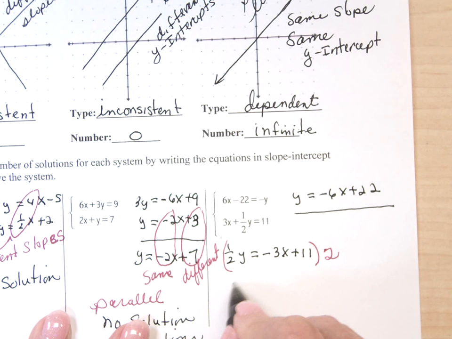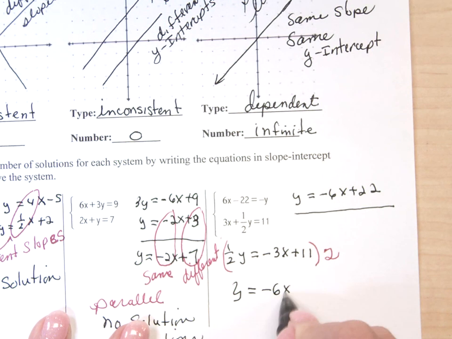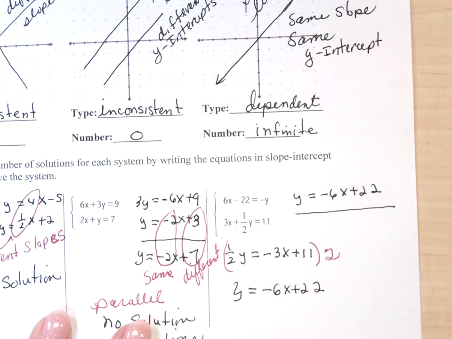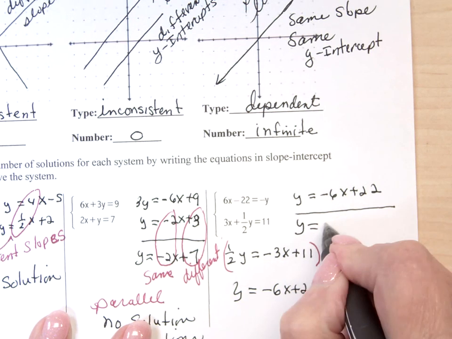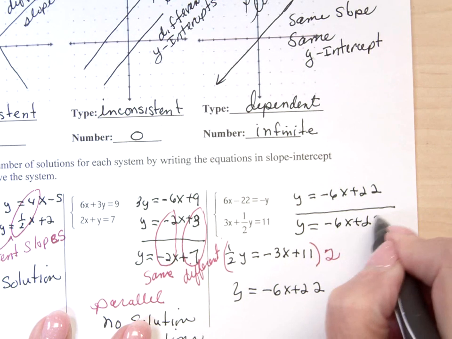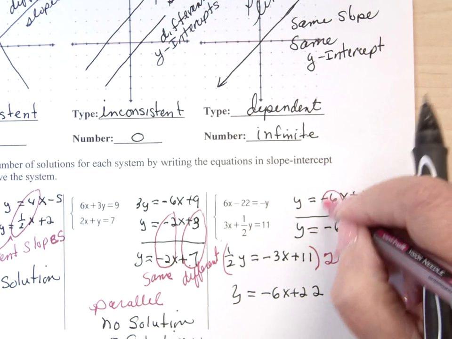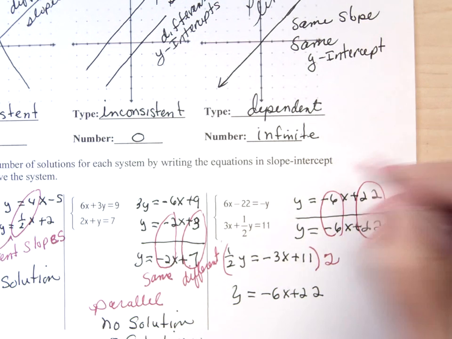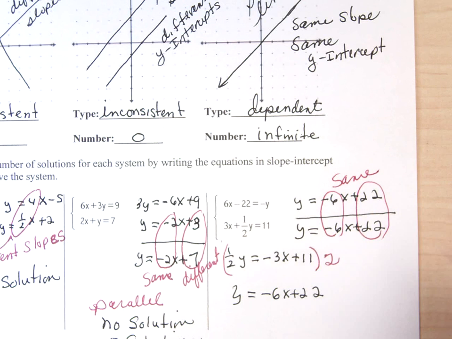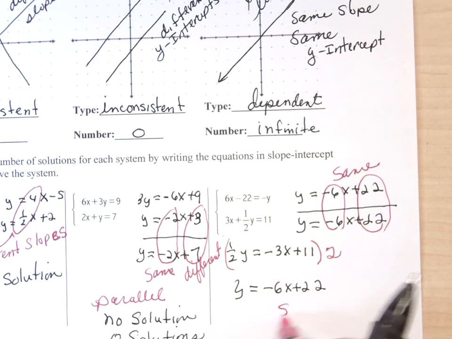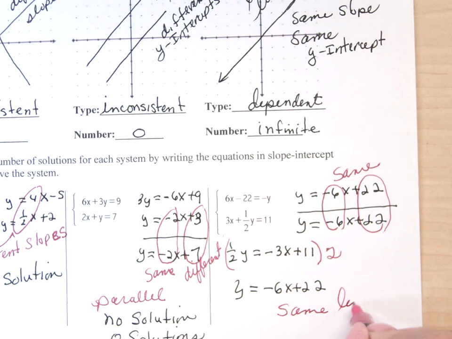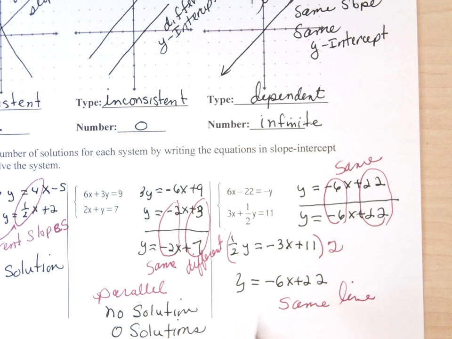You'll get that y equals negative 6x plus 22. So the second guy is also y equals negative 6x plus 22. So same. They are the same line. So that means there are an infinite number of solutions.